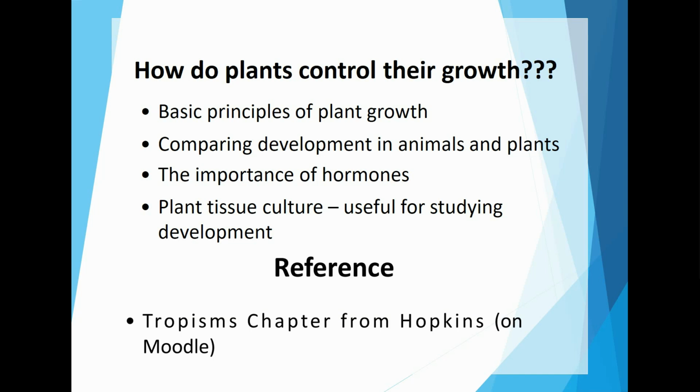It's on Moodle, so it's already there for you. Ultimately, plant tissue culture is using small pieces of plant tissue on a nutrient medium under sterile conditions, so growing a plant under sterile conditions on a nutrient medium.